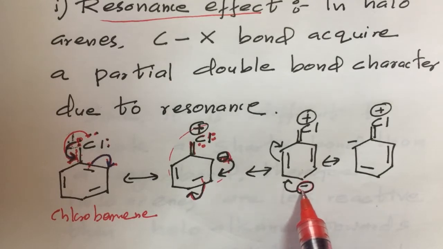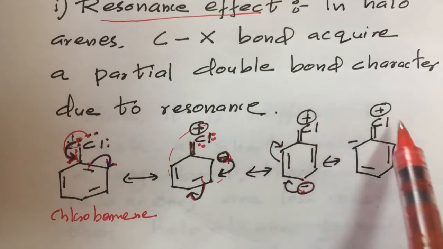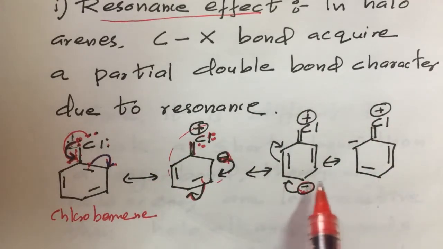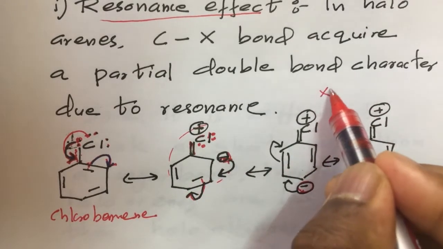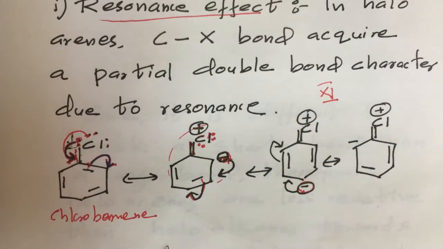Like this, the negative charge is completely delocalized in the ring, and that delocalization of electrons is called resonance. How to draw the resonance you already learned in class 11th, so please refer to that section again and understand these resonating structures.